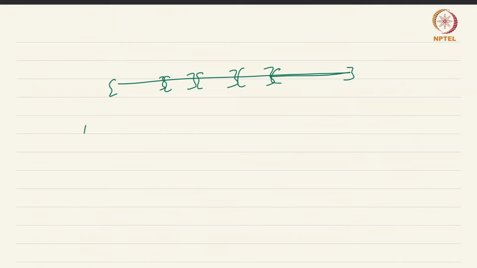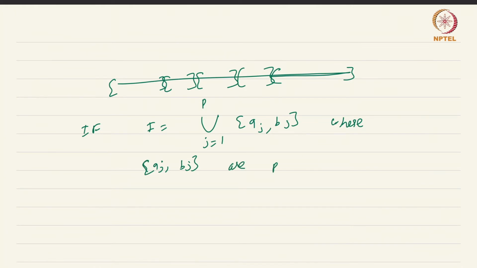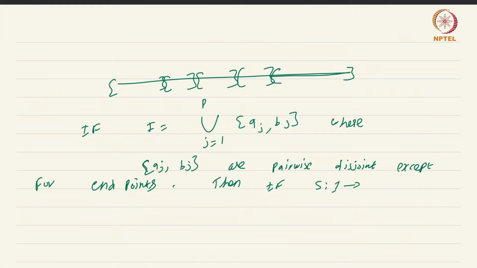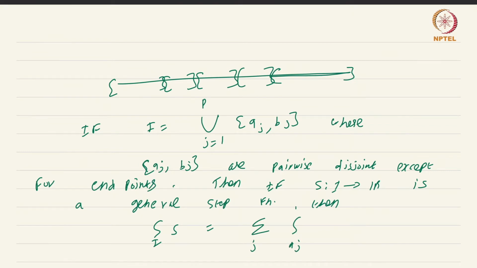That is, if I is the union over j running from 1 to p of the intervals a_j to b_j, where the a_j b_j are pairwise disjoint except for possibly endpoints, that is, no two intervals have an interior point in common, then if s from I to R is a general step function, the integral over I of s is actually the summation over j of the integral from a_j to b_j of s.